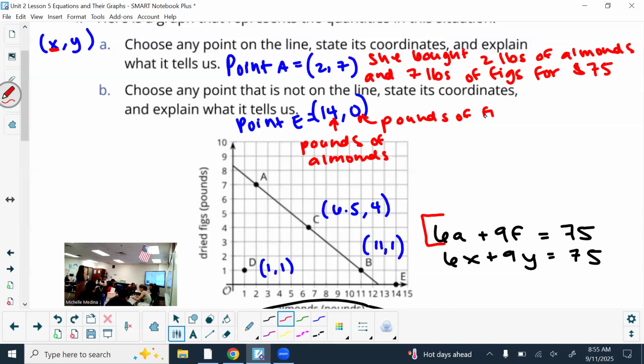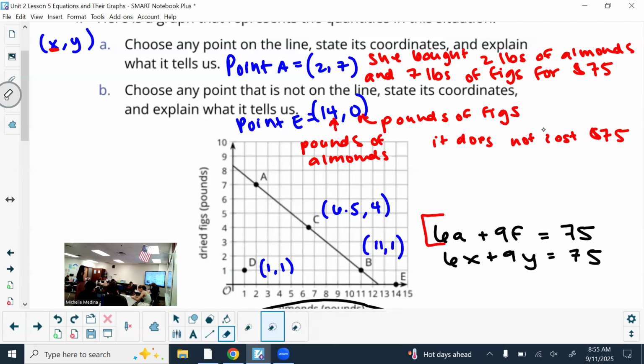Now, would this total to $75? No, because it's not on the line. So if she buys 14 pounds of almonds and 0 pounds of figs, it does not cost $75, because the thing that's graphed was for this equation. Questions on that?